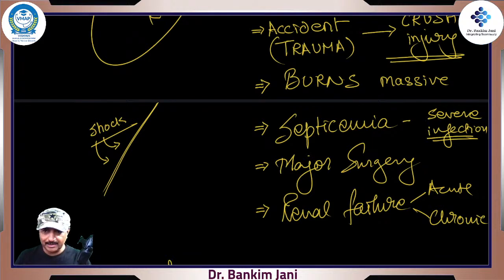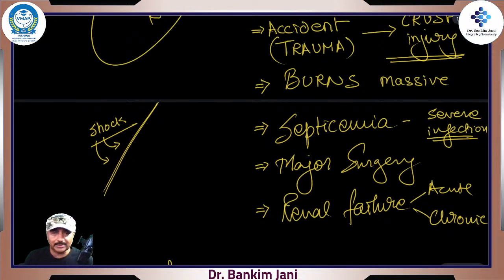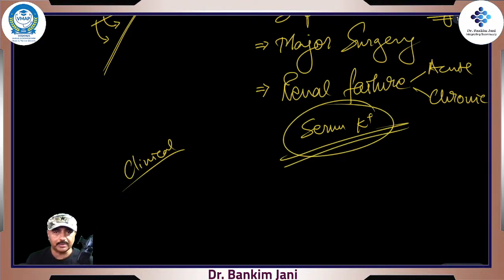Right now I'm deliberately not adding acidosis and alkalosis in this situation, though it can come, because it will add unnecessary confusion. These are the conditions you will ask about, and in renal failure, it is the serum potassium that should always be asked first.